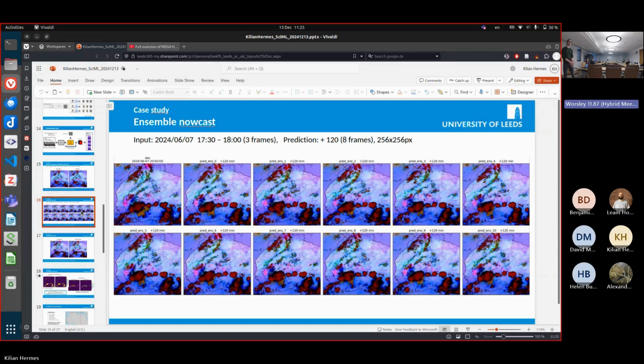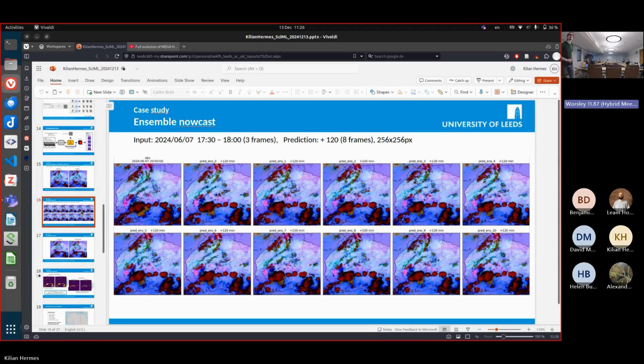If we draw different noise samples given the same conditional input, we get slightly different realizations in our prediction. This is for 8 frames, so plus 2 hours, plus 120 minutes in the future from initialization. Top left is the observation.